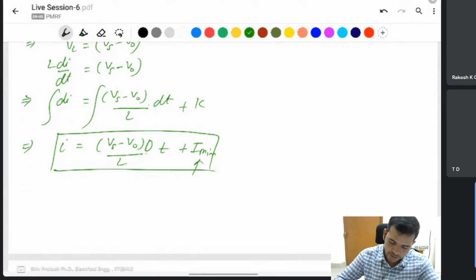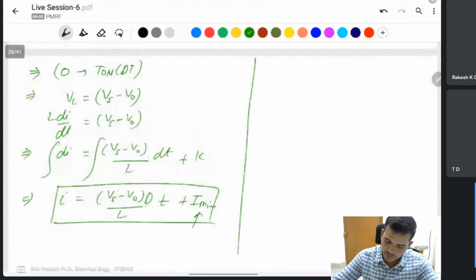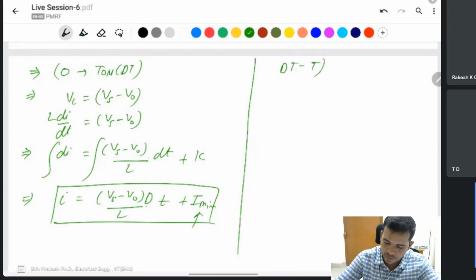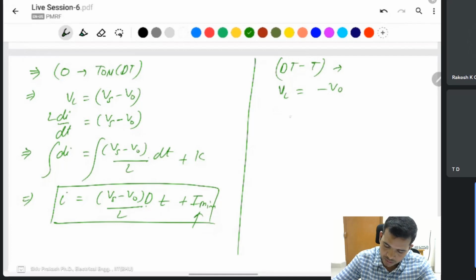Similarly, from dT to T, in the off time, VL applied is minus V naught, the same as L dI by dt. So di is minus V naught by L into dt.